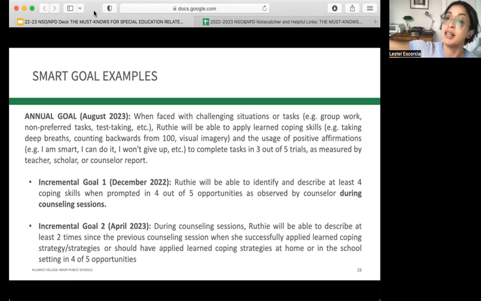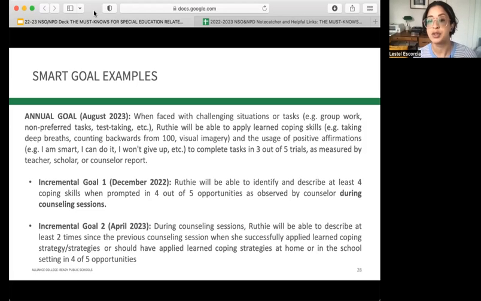Then when we get to 4 months from December, we're going to want to increase the level of difficulty to get her closer to meeting the annual goal. So in April 2023, during the counseling sessions, we want Ruthie to be able to describe generalizing the coping skills: to describe at least 2 times since the previous counseling session when she successfully applied the learned coping strategies, or should have applied them. So when did you apply them, or if maybe you didn't, reflect on when you could have applied them in home or at school, in 4 out of 5 opportunities.